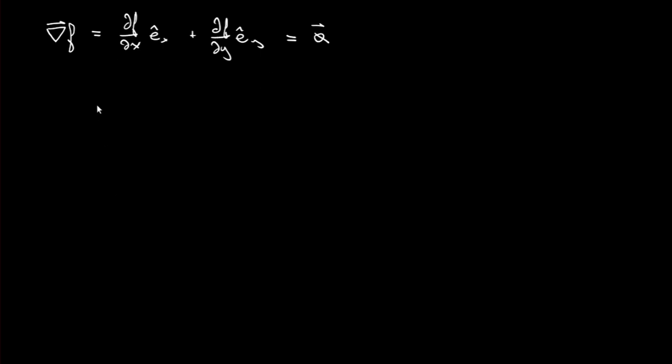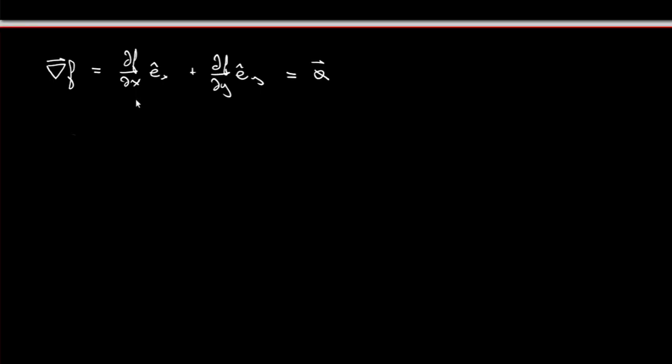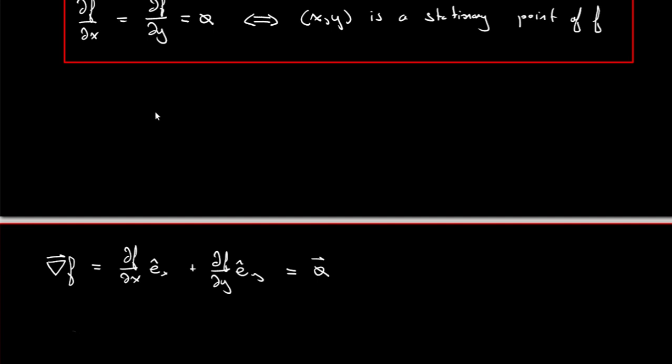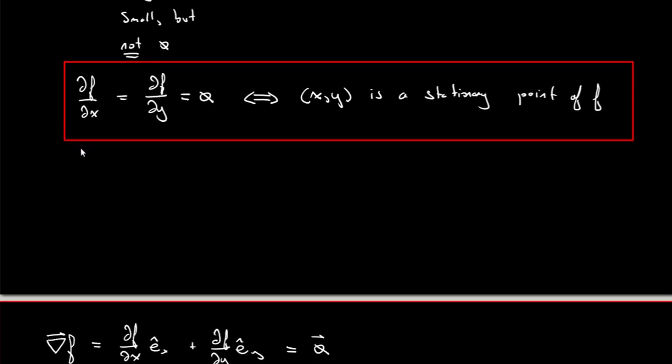So really, we're just saying that the gradient of f vanishes. We're saying the gradient of f is equal to the 0 vector.